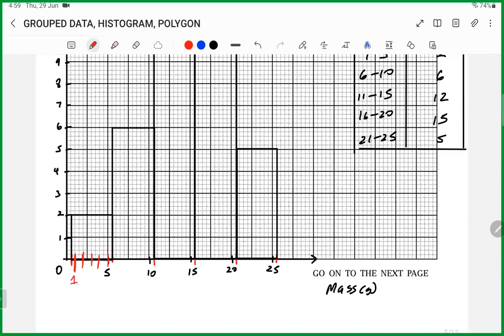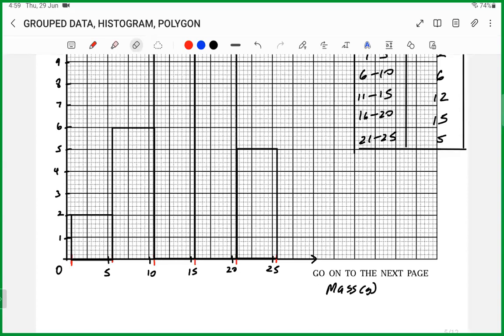Okay, so if this is 1, then a half is going to be half of that. So in this case, 0.5 is one small block. This is based on the scale that I used, okay? It's not always going to be one small block. Depending on the scale that was used, sometimes it's going to be half a block, maybe even a quarter of a block. So you always read your scale carefully. But based on this scale, 0.5 is going to be one small block.